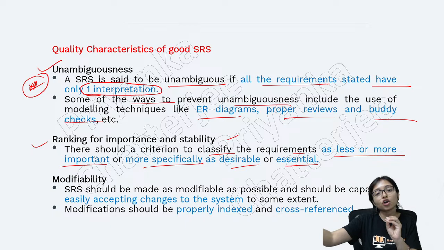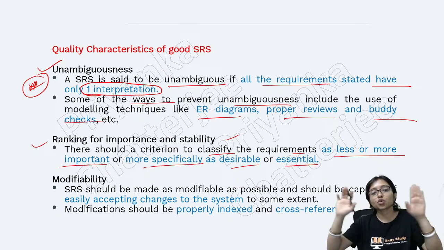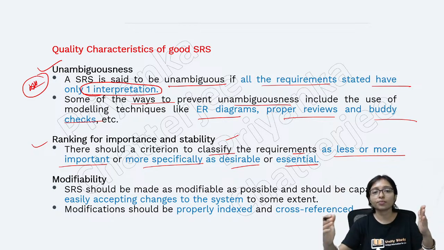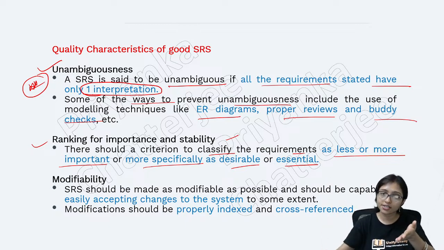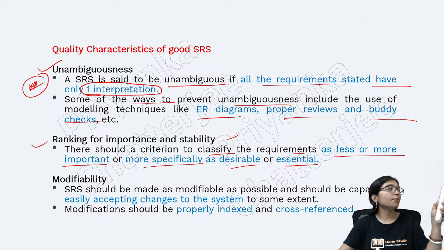Every requirement should be classified properly: what is less important, what is more important, what is desirable, and what is essential. So the ranking should be there properly. That is called ranking of importance.